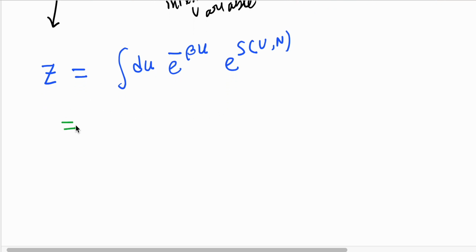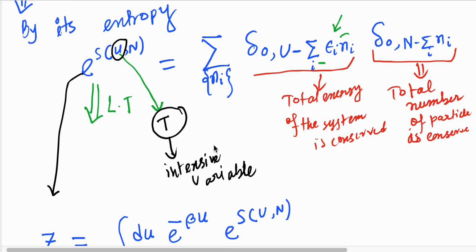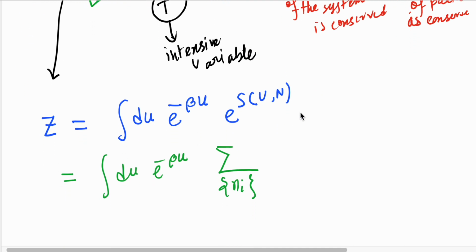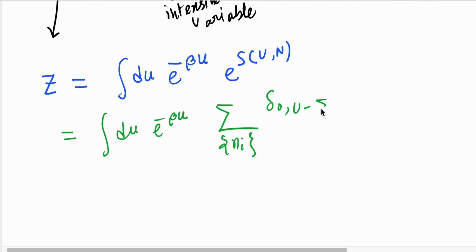You just put in the form of e to the power S(U, N), which is basically the summation over all possible combinations of n_i of delta(U minus the summation over i of n_i epsilon_i) and another delta, which is delta(N minus the summation over i of n_i).